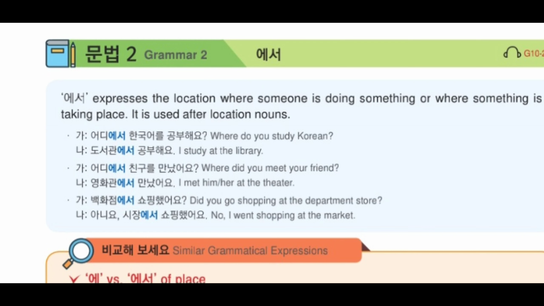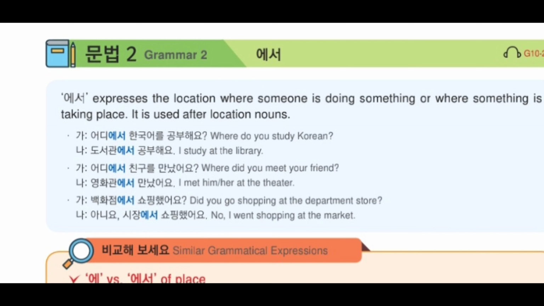So you can see that we don't really change the preposition based on whether the verb is be or an action verb in English. But in Korean, there are two separate words, and 에서 goes at the end of nouns where the action is happening. So let's see.